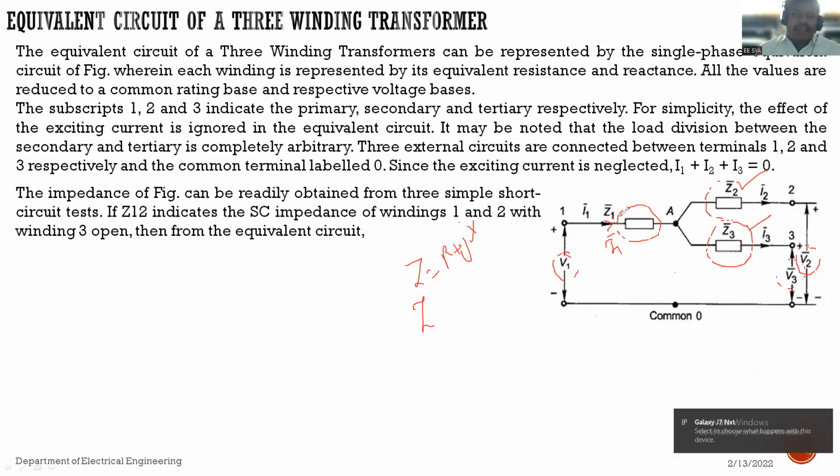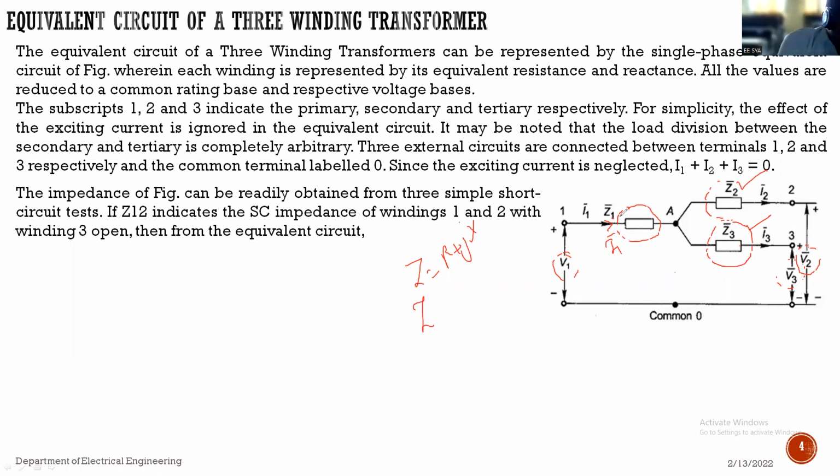See, the I1 current is the current flowing from the primary winding, I2 bar is the current flowing from the secondary winding, and I3 bar is the current flowing from the tertiary, or third, winding.